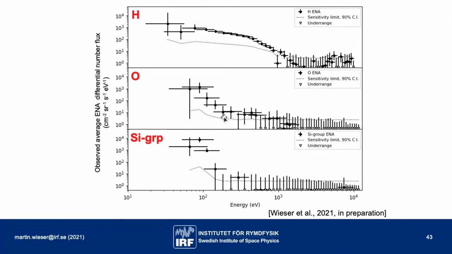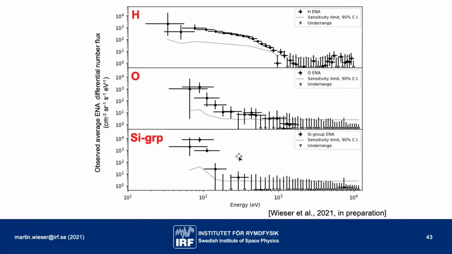But we are also able to separate out heavier elements: oxygen, which is dominant at much lower energies, and even heavier elements like silicon, which also make up a large fraction of the rock. Those are clearly visible above the noise level, which is shown here by a dotted line.